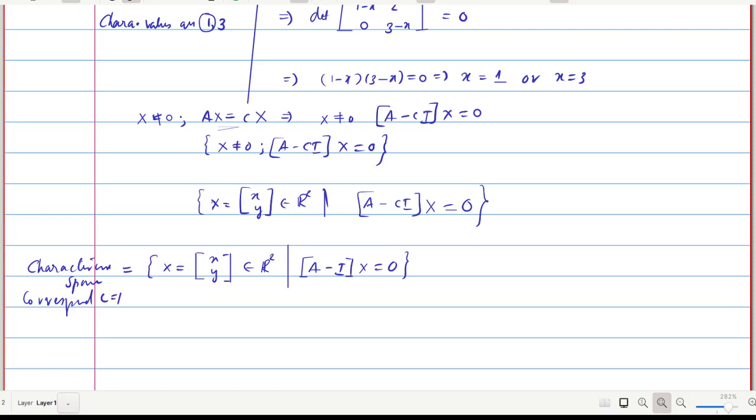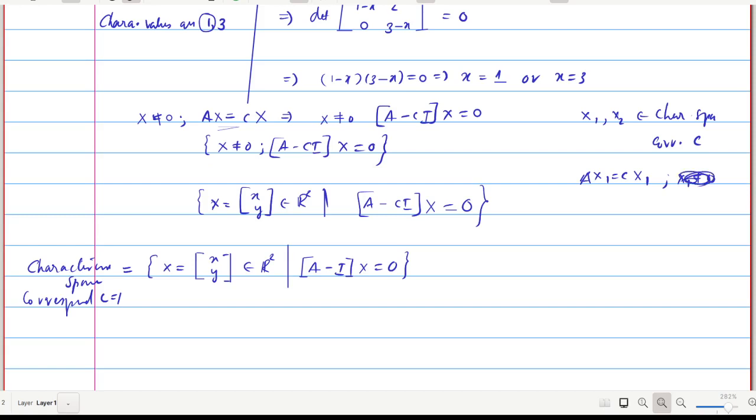If C is a characteristic value, this is always called a characteristic space, because if you take x1, x2 belonging to the characteristic space corresponding to C, then Ax1 equals Cx1 with x1 not equal to 0. If you are not restricting x1 to be non-zero, you can think of this as the characteristic space.